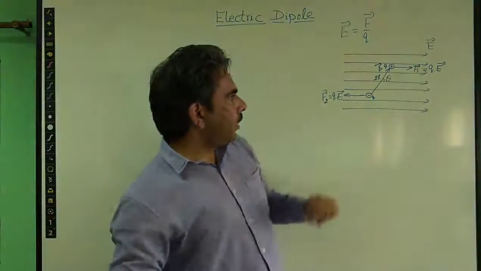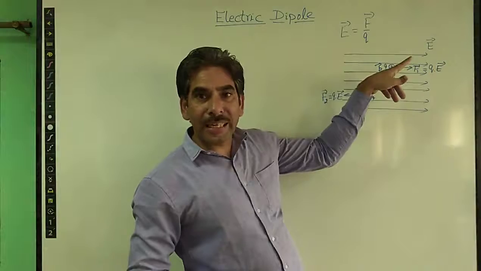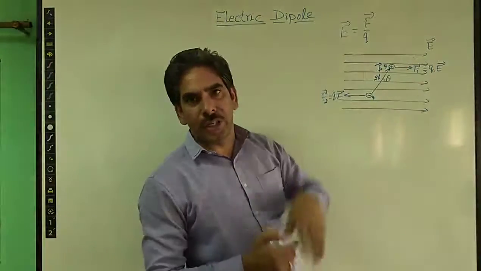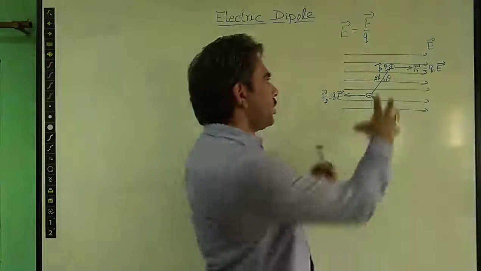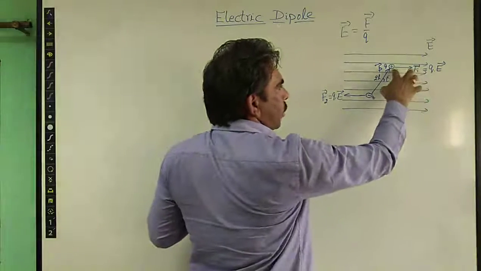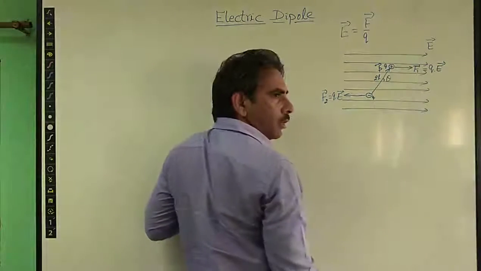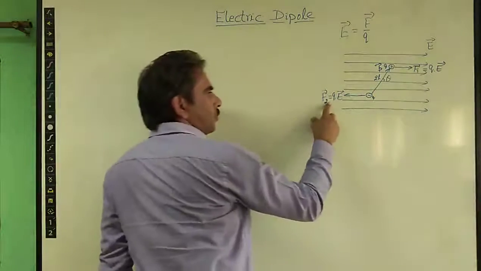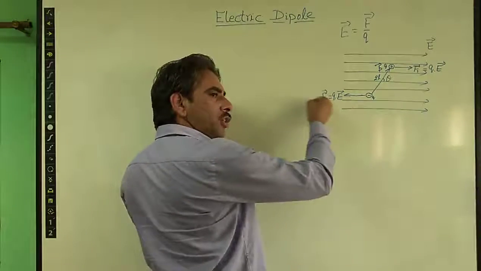But in this case, what is happening? The two forces are acting opposite to each other but at different points, with different lines of action. This force F1 on the positive charge will try to take the charge along the direction of the electric field, and this force F2 on the negative charge will take the negative charge opposite to the electric field.